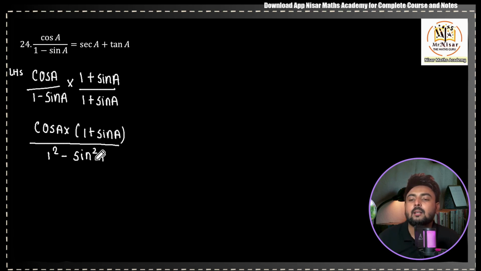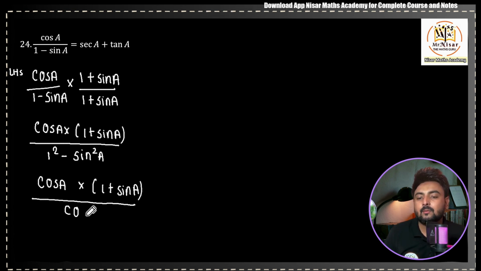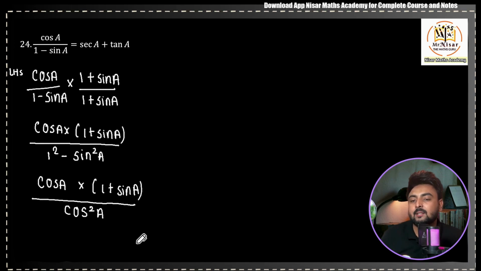Okay, then what we can do, see cos A we have in the numerator, then into 1 plus sine A upon 1 square minus sine, what it becomes, yes, 1 minus sine square, it becomes cos square A, is it?